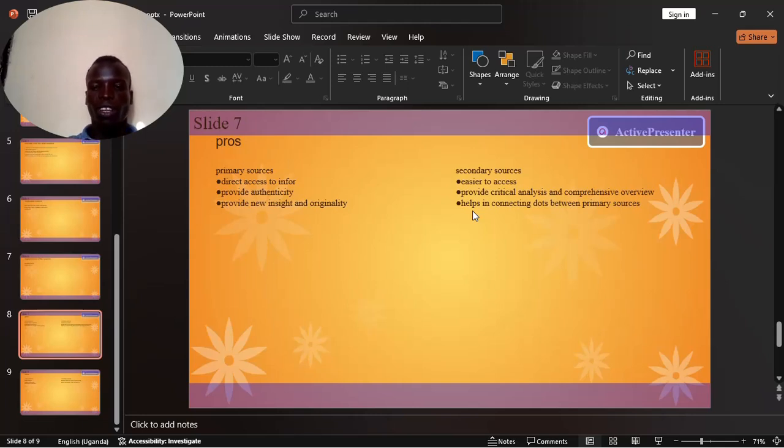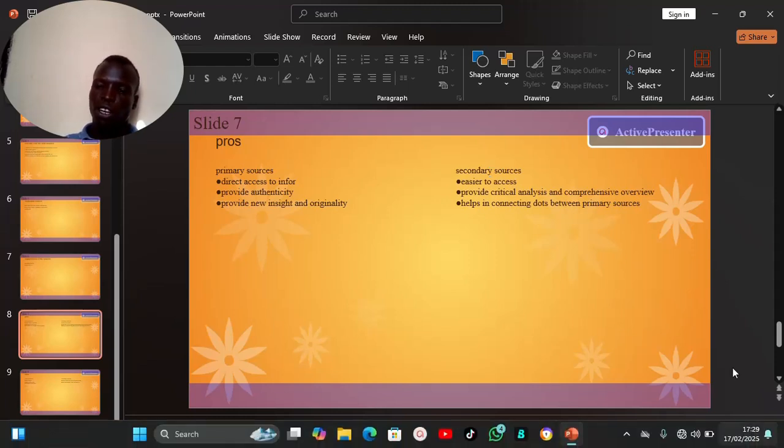So it is basically helping connect the two sources. Therefore, for easy research, you'll be able to link the two sources of information.